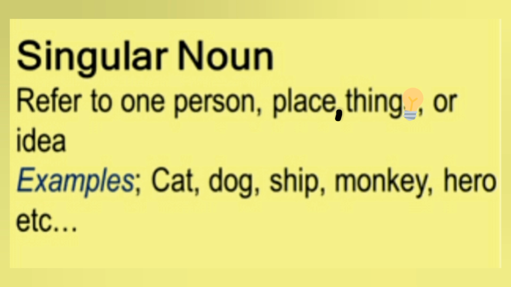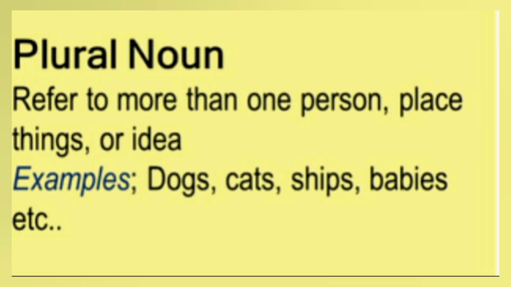Now, let's take a look at some of these words in their plural form, which takes us to our next type of noun, plural nouns. These nouns refer to more than one person, place, thing, or idea. For example, dogs, cats, ships, babies, etc.